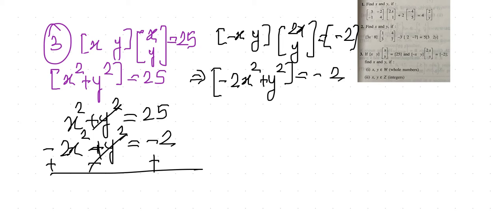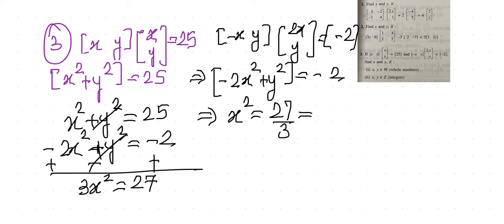Here you are getting 3x square is equal to 27. So what is the value of x? Write down, this implies x square is equal to 27 upon 3, which is equal to 9. So the value of x will be plus minus 9. Sorry, plus minus 3, not 9.